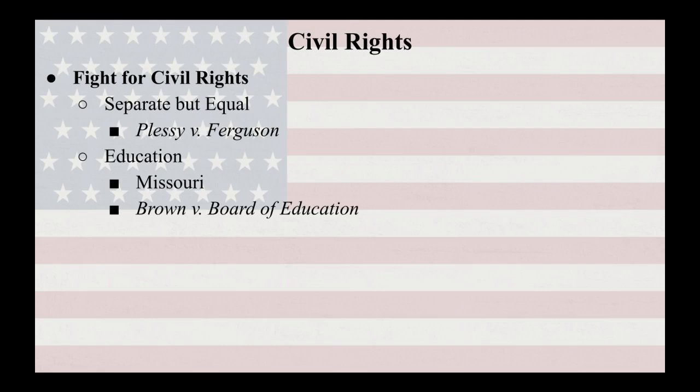Now, it's a big step, but even 10 years after the case, fewer than 1% of schools were integrated. And so it's going to take a lot of pushing and pulling and the stepping in of the federal government to actually get schools integrated after this case is decided in 1954, but it is a huge step because it does overturn the prevailing policy of separate but equal in Plessy versus Ferguson.